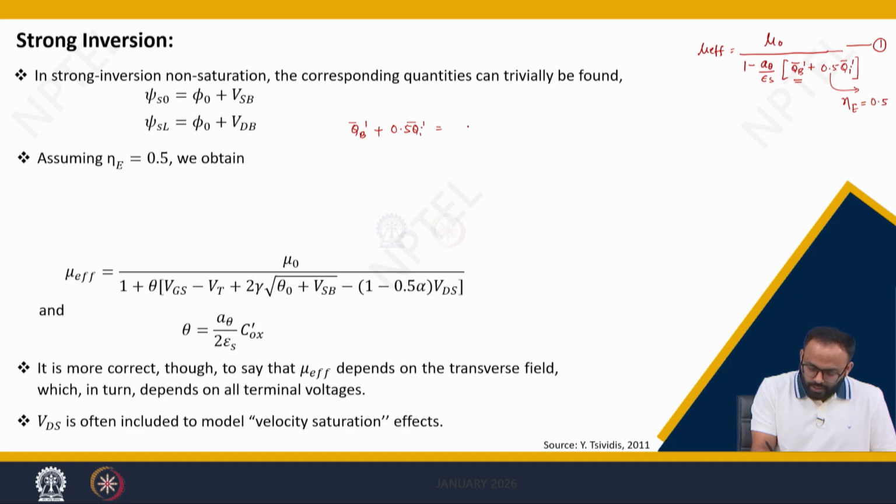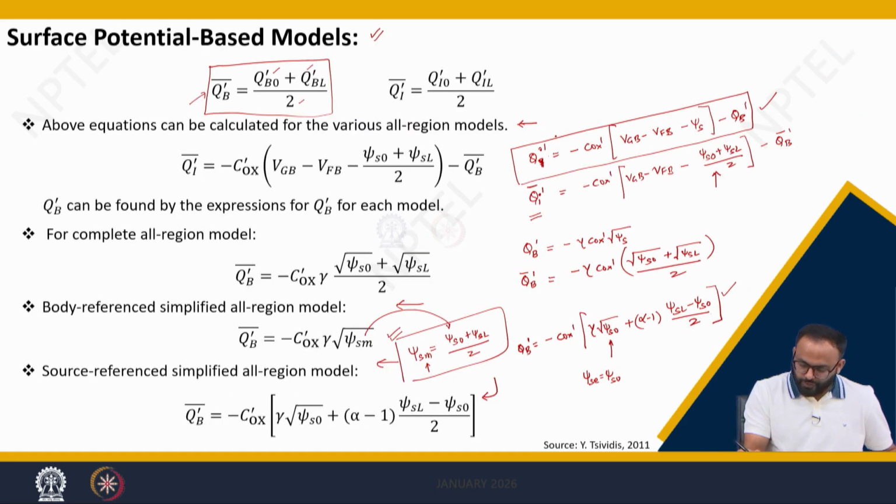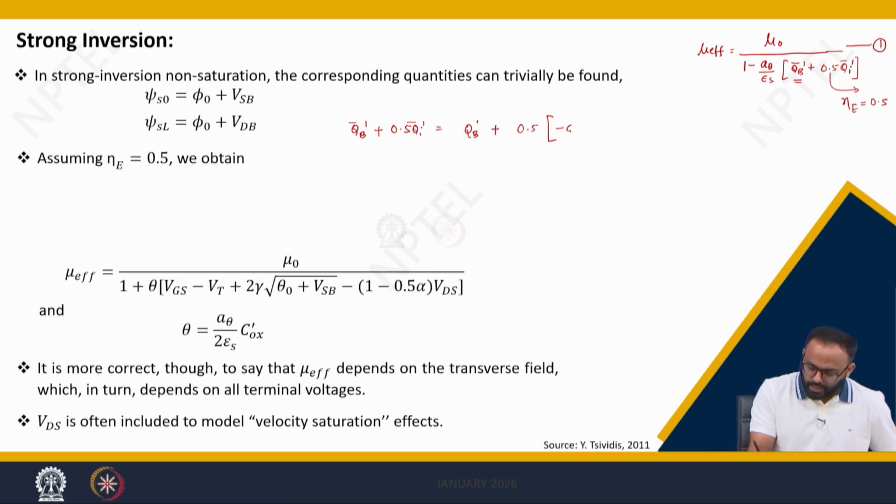It is nothing but QB dash plus 0.5 times QI dash, which you can take from here, right. So, this will give you minus of COX dash into VGB minus V flat band voltage minus psi s 0 plus psi s L divided by 2 minus QB dash.